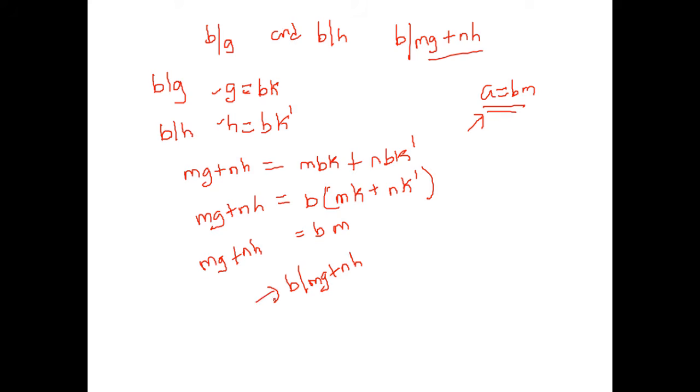So we have proved this. What we understand from this is, when B divides G and B divides H, B divides the linear combination Mg plus Nh, where M and N are considered to be integers. So we have arrived at the proof. So that's all about the properties of divisors.